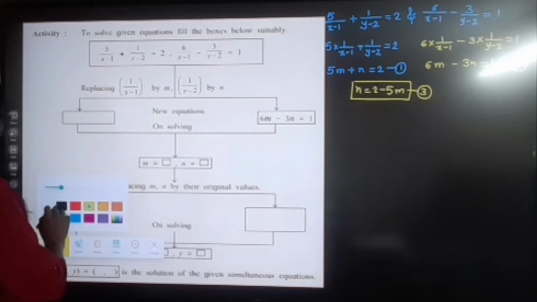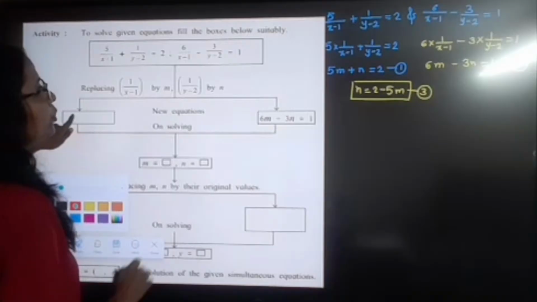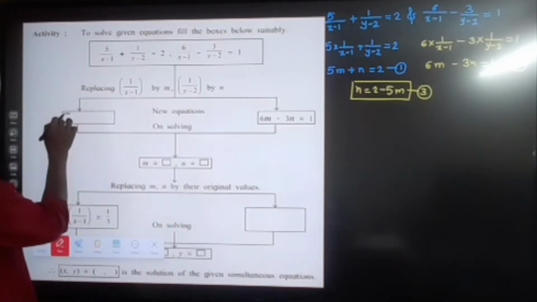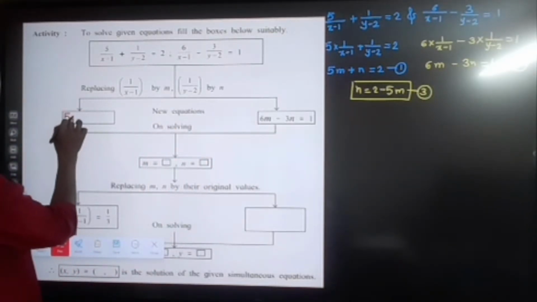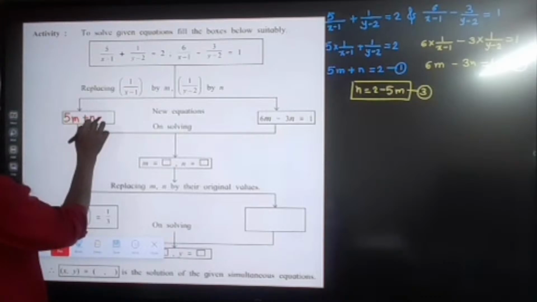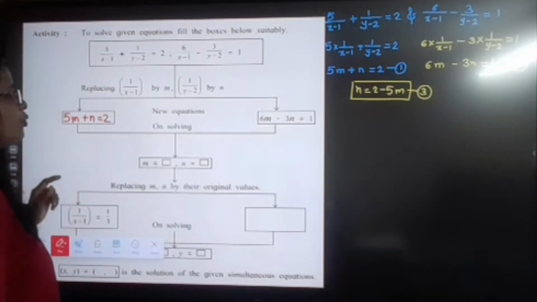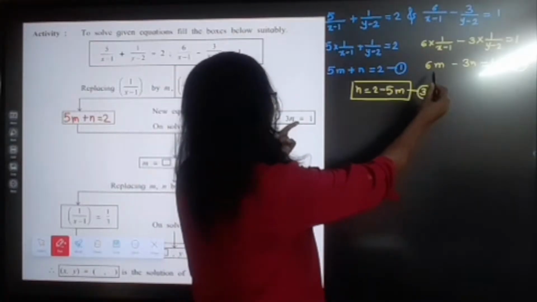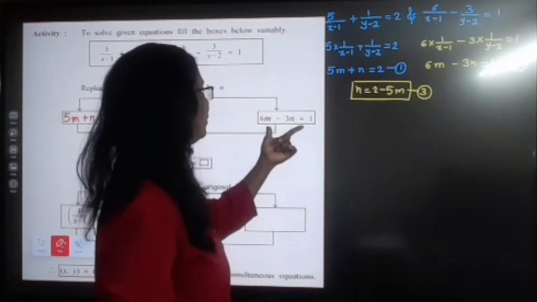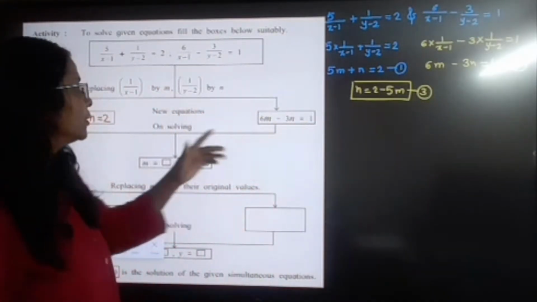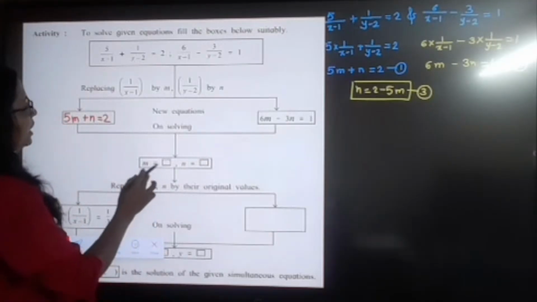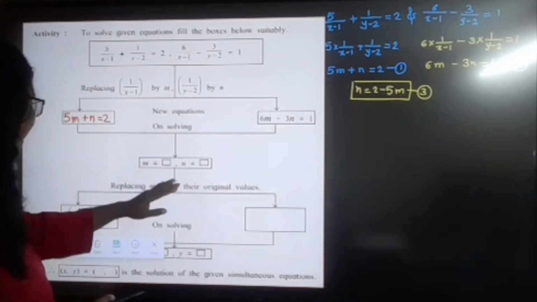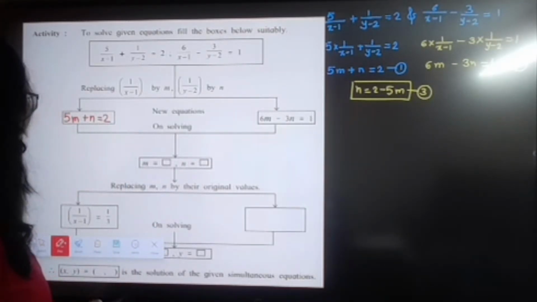I write down in this box the new equation: the first equation will be 5m plus n is equal to 2. And the second one, 6m minus 3n is equal to 1. Then m is equal to dash and n is equal to dash.